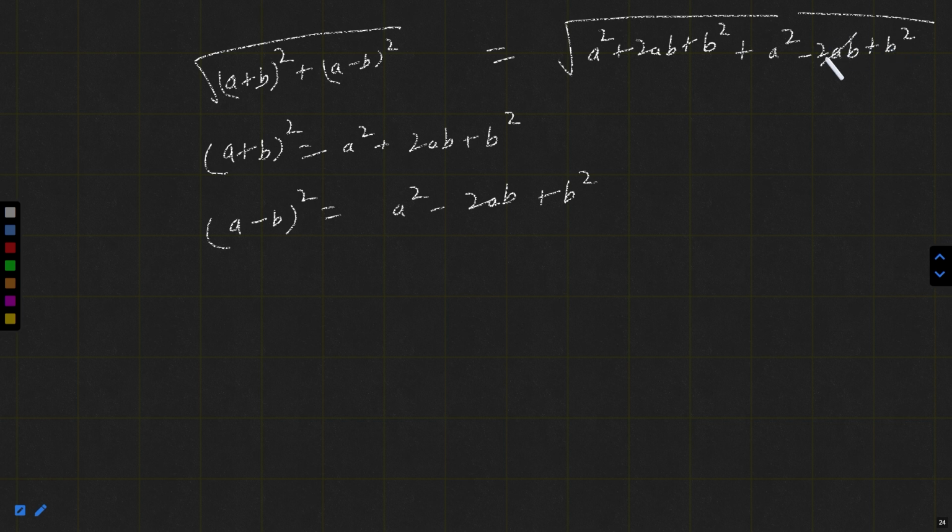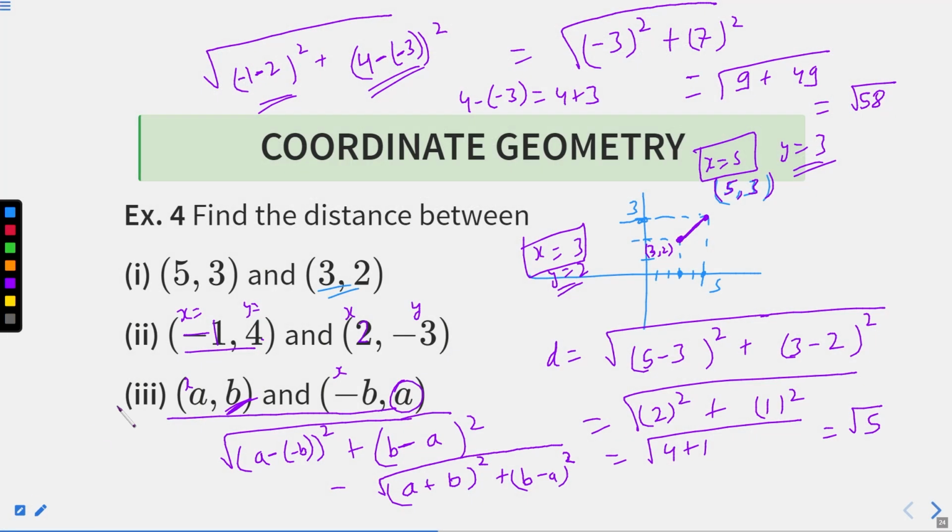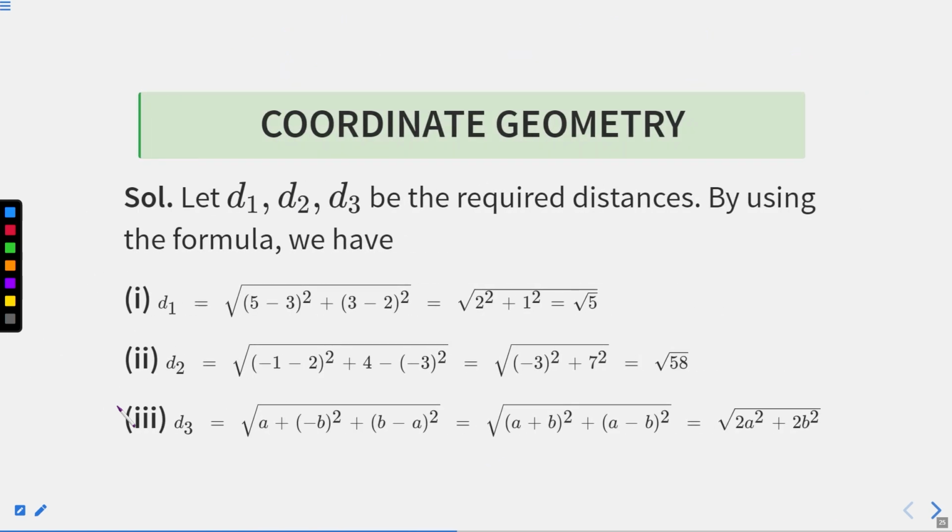Now this will cancel out. So we are left with a square plus a square is 2a square, and b square is 2b square, taking root. Okay, so this is our answer. Clear? One can solve further, but we are just leaving it here. So clear? So all the solutions are here.